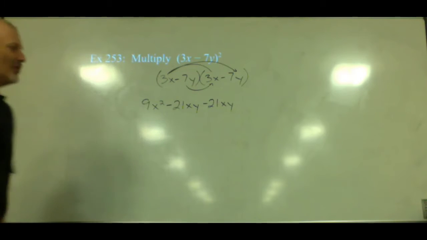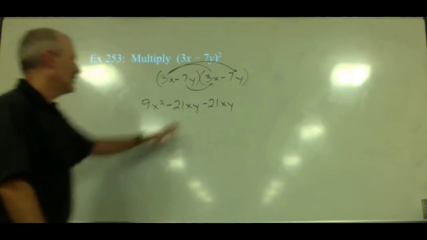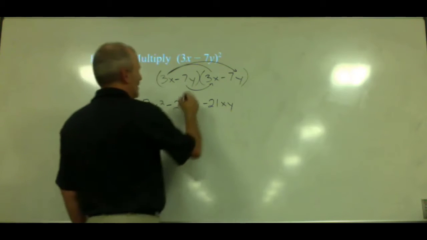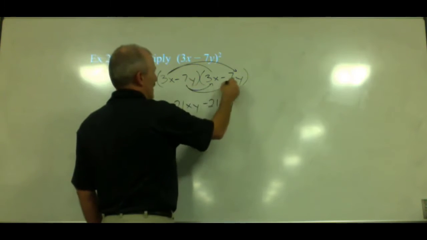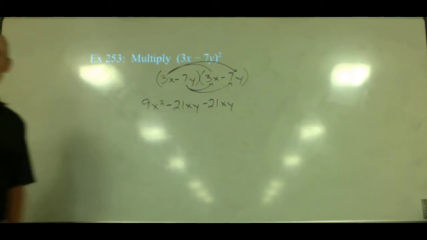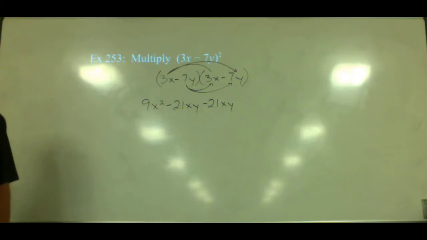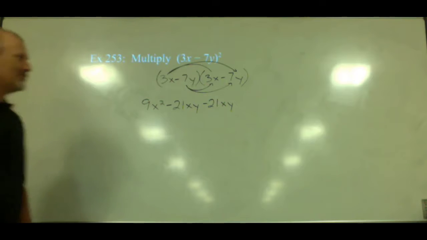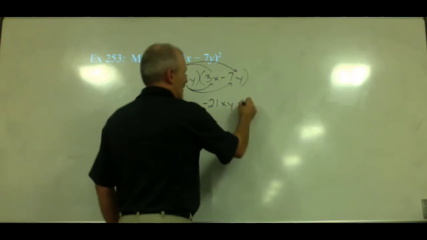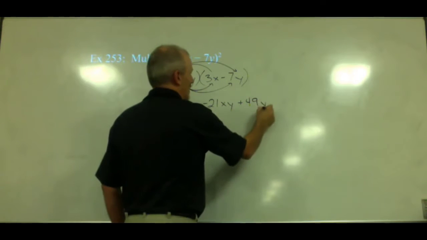I'm going to put it in alphabetical order so that we see these match up. And then finally, negative 7y times negative 7y gives us positive 49y squared.